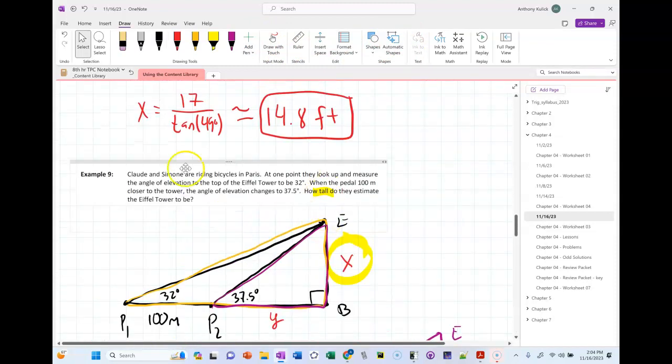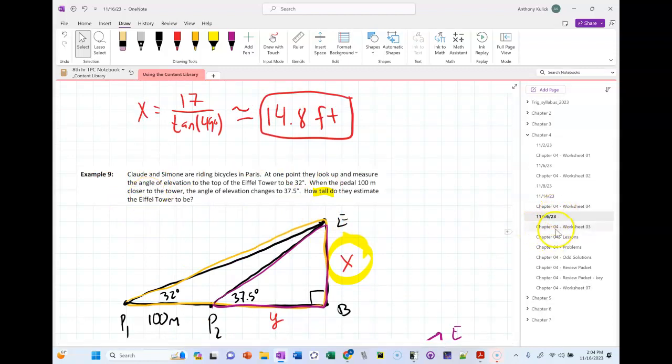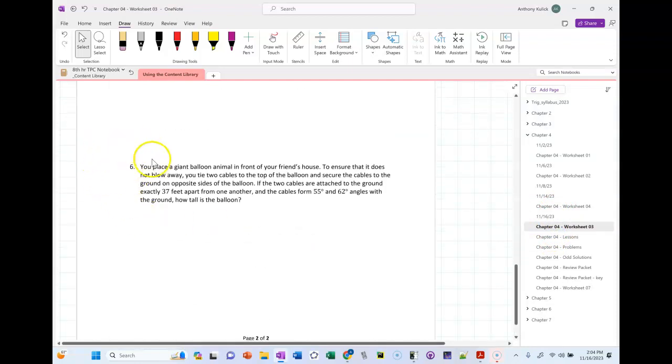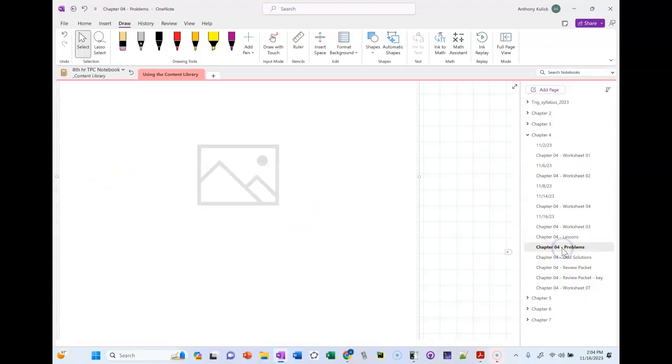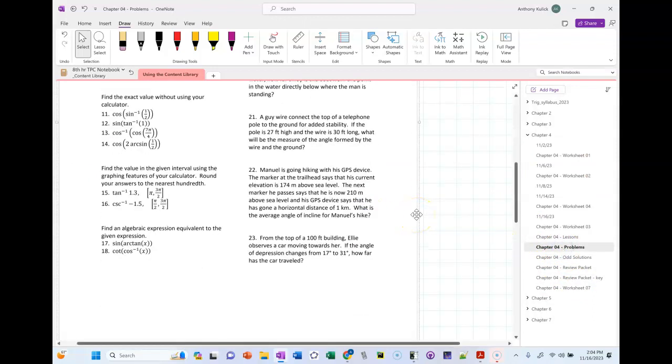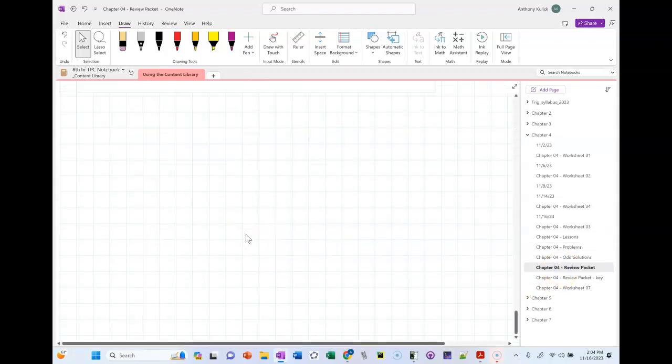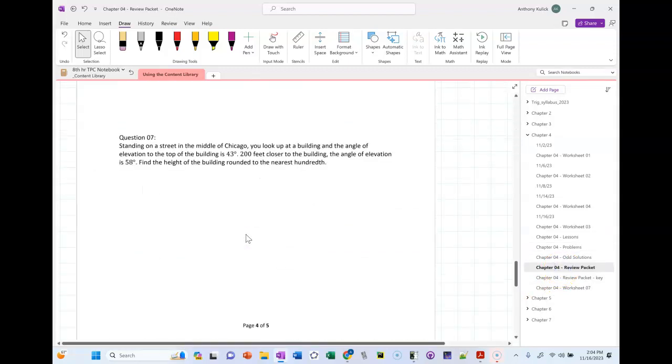So I might include either this example 9 from the homework or from the notes, or I might include my solution to problem 6 from worksheet 3, or problem 23 from the problems, or question 7 from the review.